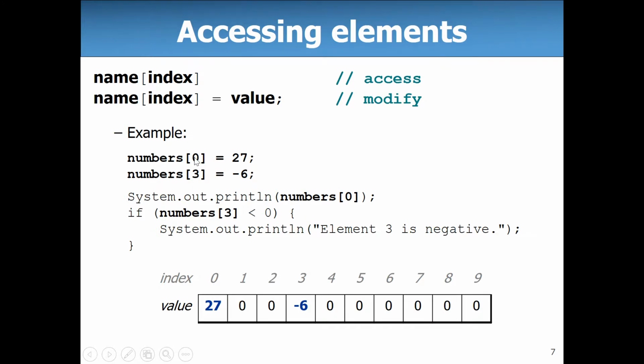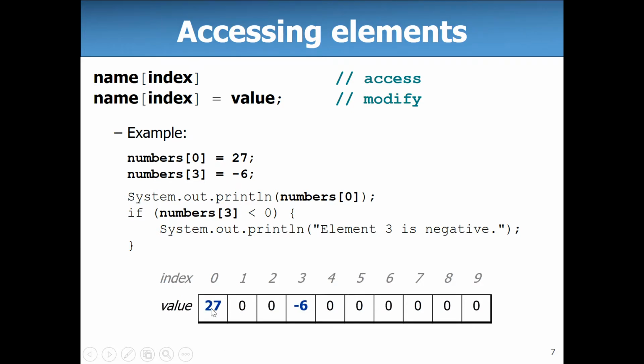So suppose we start out with the array looking like this. The first thing we do is we'd say numbers at index 0, we're going to store the value 27. And remember, this is how you read it: you take the value on the right and you store it in the memory location on the left. So 27 gets stored in index 0 of numbers. Negative 6 gets stored in index 3.